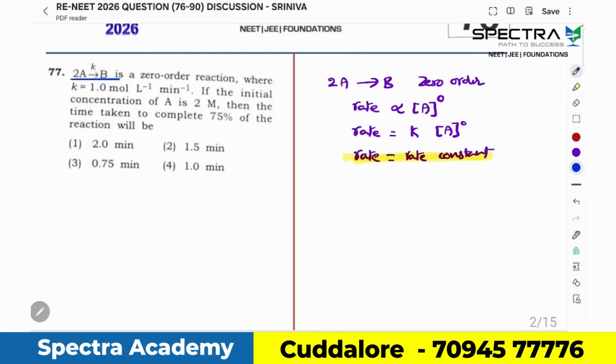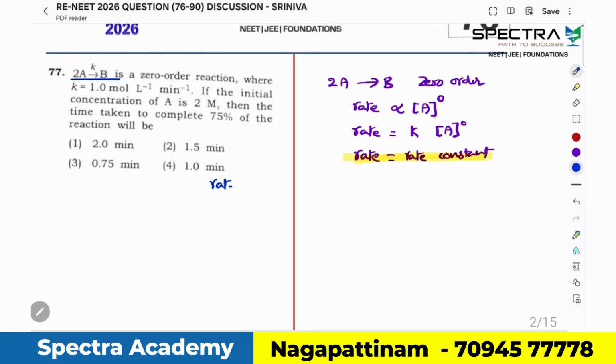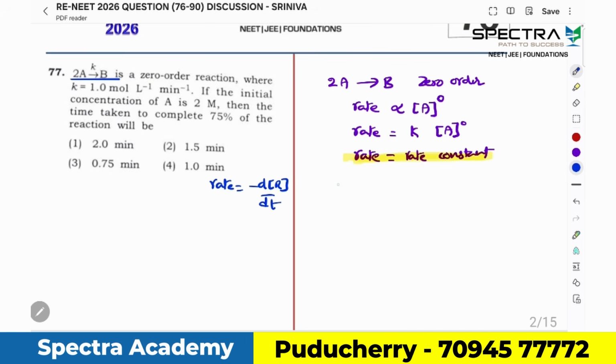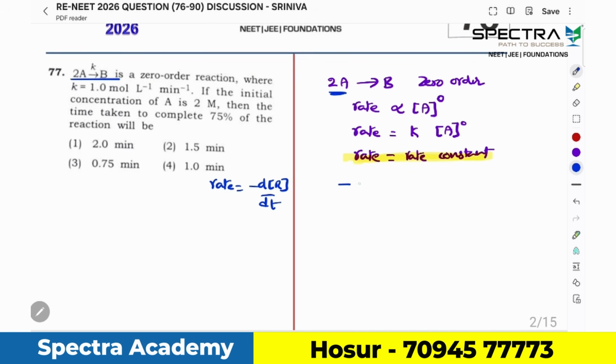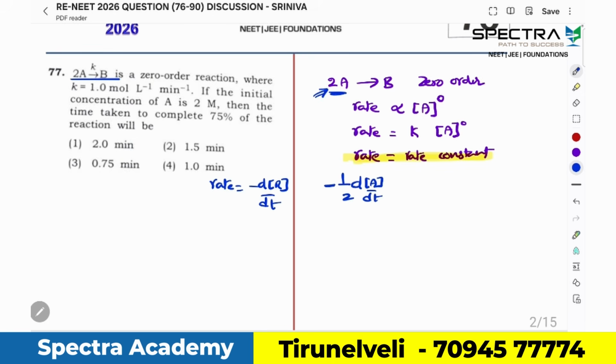According to the rate definition, what? Rate is equal to the decrease in concentration of the reactant per unit time. So for the reactant A, minus dA by dt, and you have the stoichiometric coefficient 1 by 2 in the denominator. So minus 1 by 2 dA by dt is equal to K into A power 0.